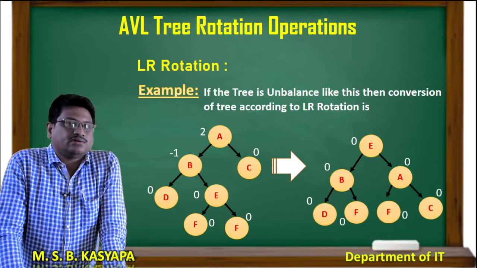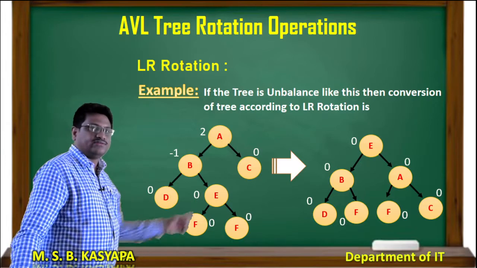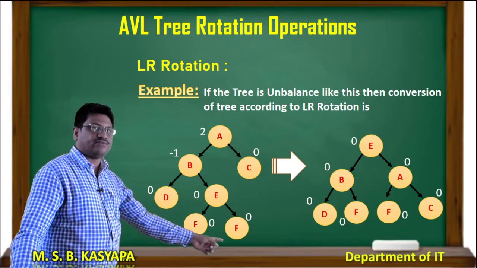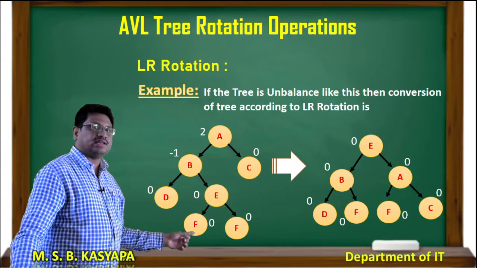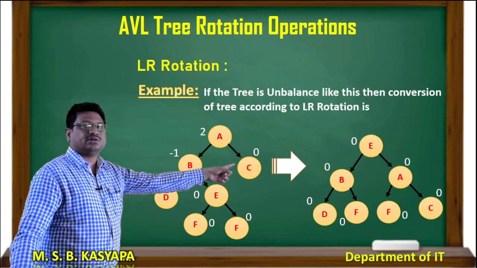Now, if I have two children, that means E and F, E has an F and here F also. If it happens like this, now it is converted to here, it is moved to the A.